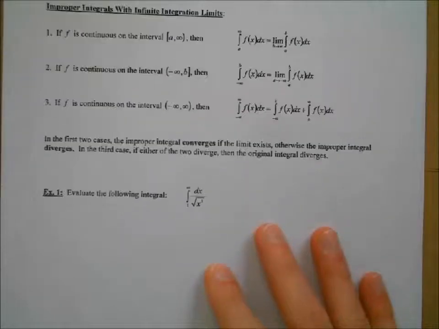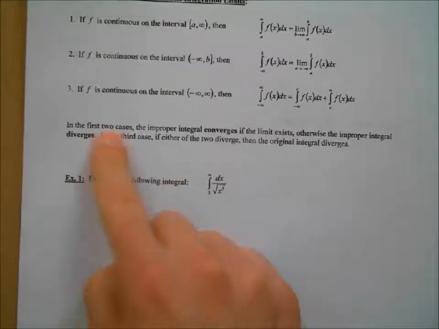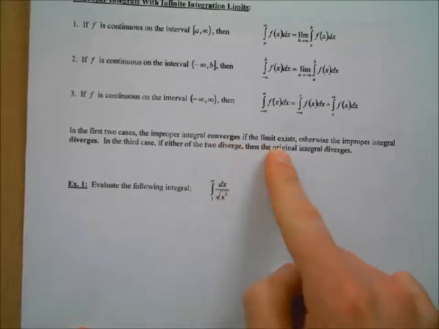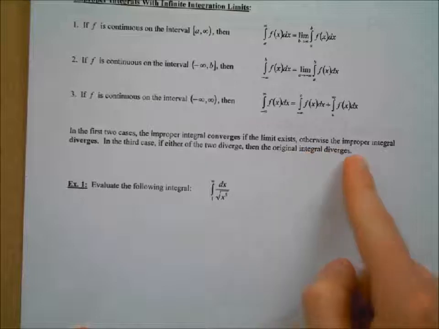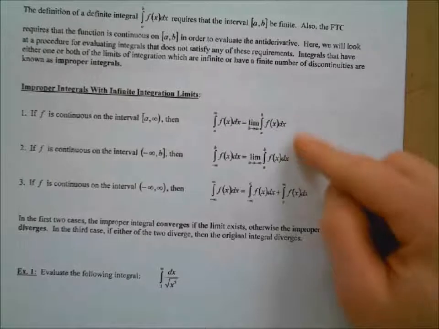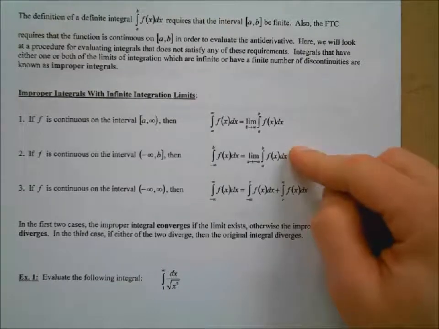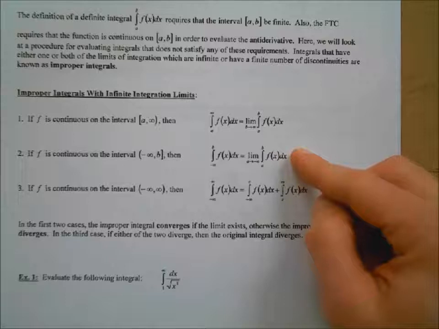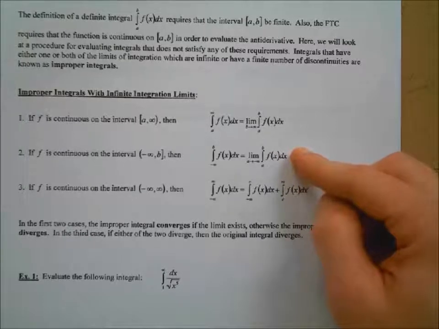In the first two cases, the improper integral converges if the limit exists. Otherwise, the improper integral diverges. In other words, if we can evaluate these integrals and then evaluate the limit, and we end up with a number, we say those integrals converge, if the limit exists.